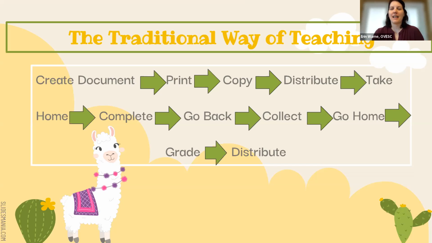We go back to the classroom, we distribute it out to the students, they work on it, but some of them didn't get it done. So you send it home for homework thinking, please bring this document back tomorrow. So they take it home. It may or may not get done, and it may or may not get back to class the next day, but let's be positive and say that it does.